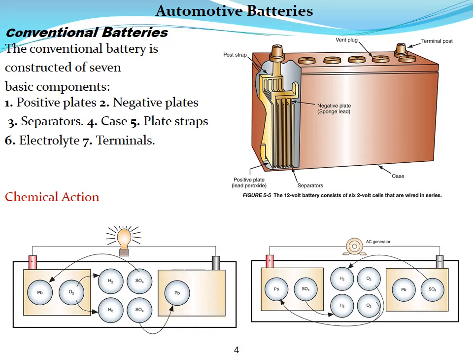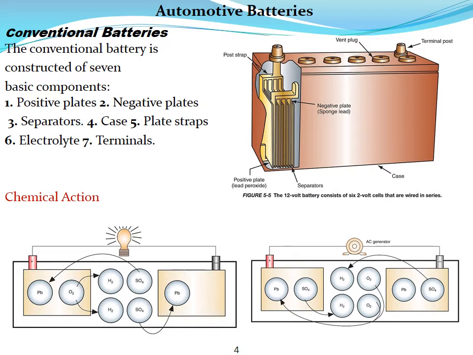The charge cycle, in the right figure. In the charge cycle here we see the AC generator charging the battery, and it is exactly the opposite of the figure on the left side. The lead sulfate PbSO4 in both places is split into its original forms of lead Pb and sulfate SO4. The water in the electrolyte splits into hydrogen and oxygen.